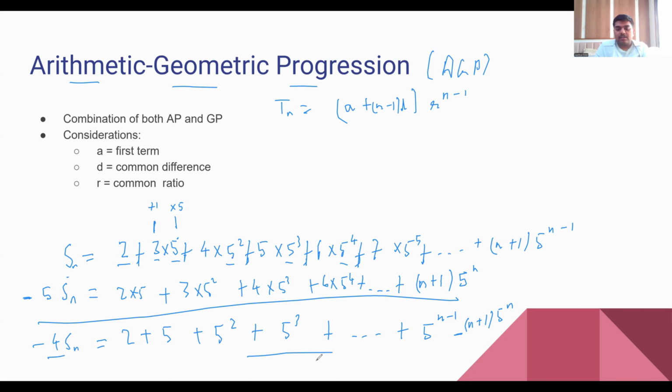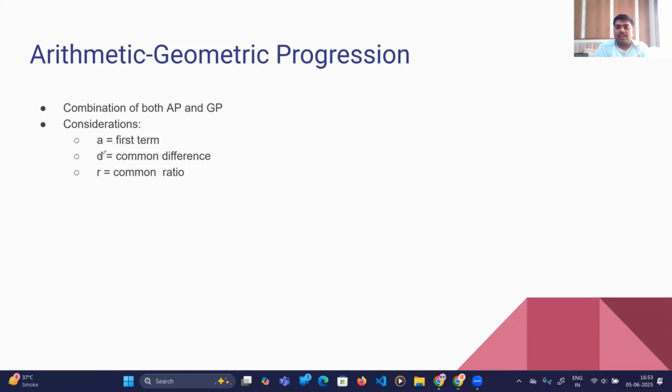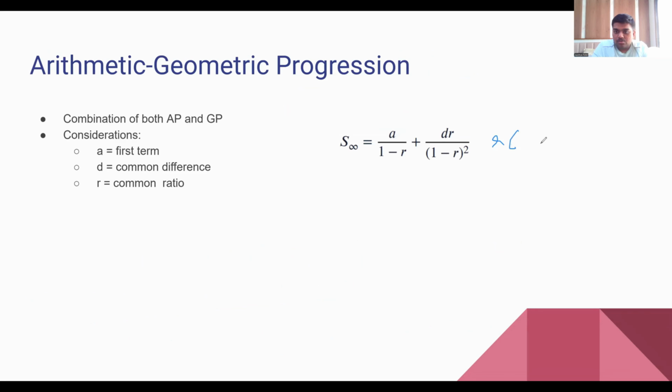Putting it in the denominator will give you the sum of first n terms. And if you want the summation of infinite terms, the formula is a upon 1 minus r plus dr upon 1 minus r the whole square, contingent that r belongs to minus 1 to 1. For that purpose only, this formula is valid.